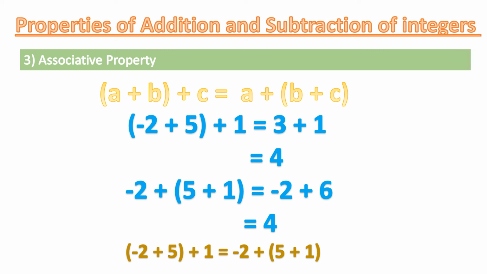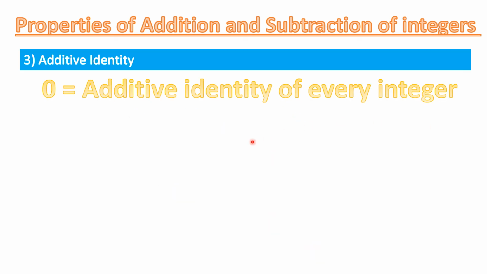Now let's look at the next property. The next property is called the additive identity property. It tells us that 0 is the additive identity of every integer. Now, what does this mean?